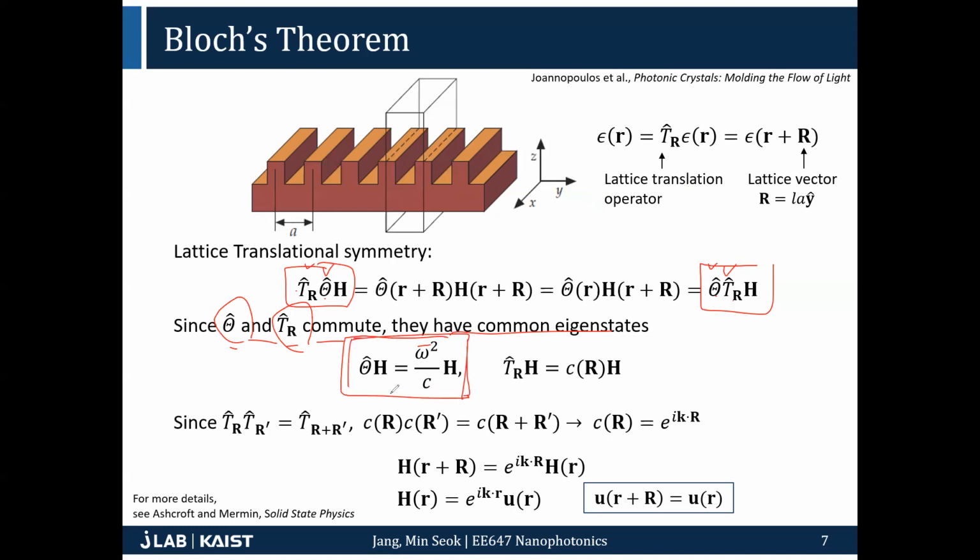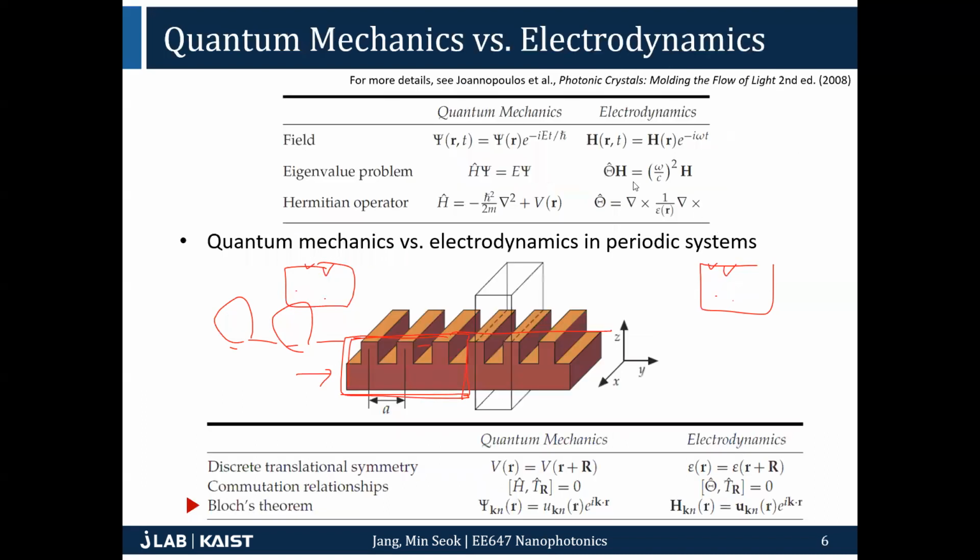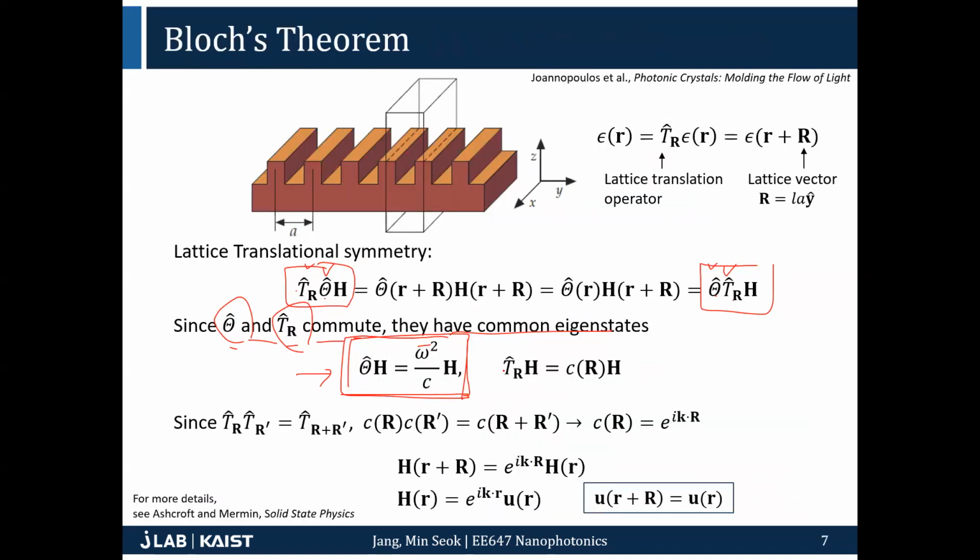So now we have equations that we want to solve. This first equation is again the electrodynamic wave equation, as we learned here, with its eigenvalue. The second equation is this: if we apply T_R to H, the electromagnetic field, then this should satisfy a certain eigen equation, where C(R) is the eigenvalue and H is the eigenvector.